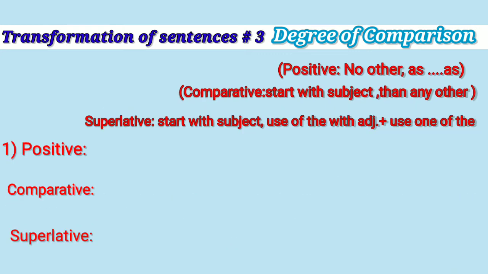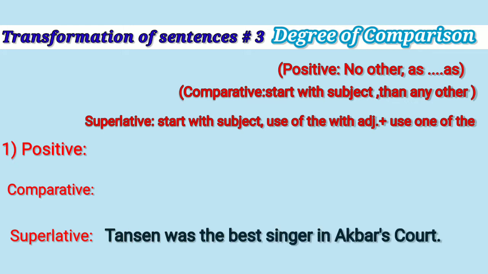Let us take one sentence in superlative form and try to change its degree of comparison to positive and comparative form. A sentence is Tansen was the best singer in Akbar's court. Adjective used in this sentence is best and its positive and comparative form are good and better. To write the sentence in positive degree, we have to begin with no other.